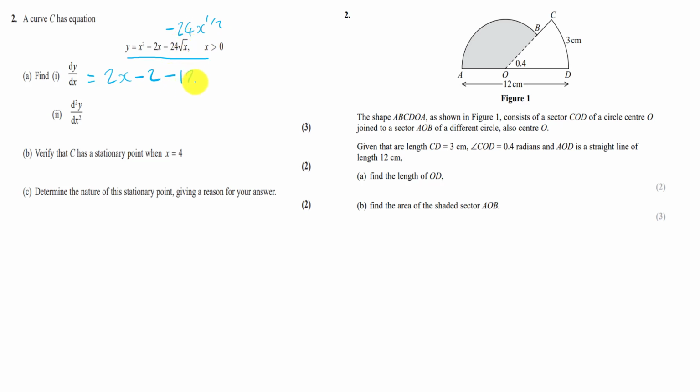That's minus 12x to the minus a half. The second derivative is going to be 2. Now minus times a minus is going to be a plus, so plus 6x to the minus 3 over 2.